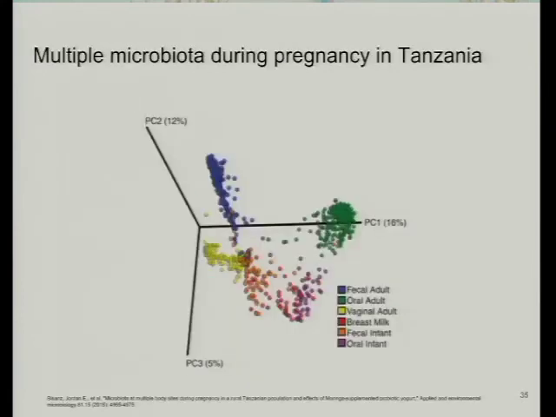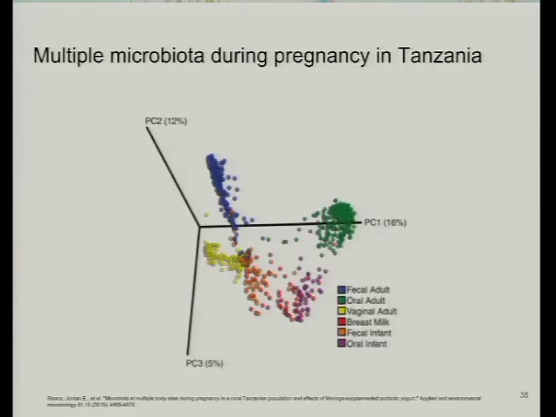One example of a group making use of this, again not focusing on the gut or the brain, looked at pregnancy. They looked at different microbiotas, such as the fecal matter and the oral cavity of both the adult and the infant.